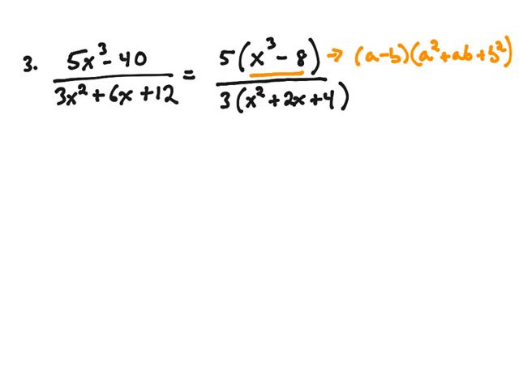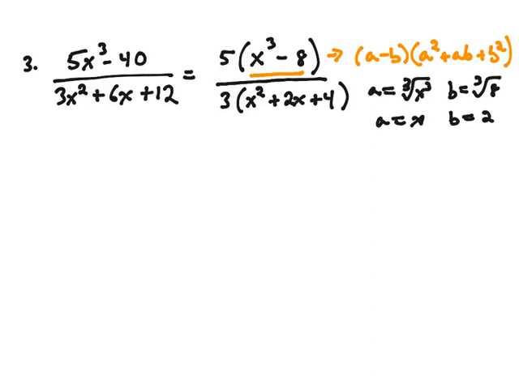So over here, we're going to let a equal the cube root of x cubed, and b equal the cube root of 8. Okay, well, we said the cube root of x cubed is x, and the cube root of 8 is 2. And that's what we need to plug in the numerator.